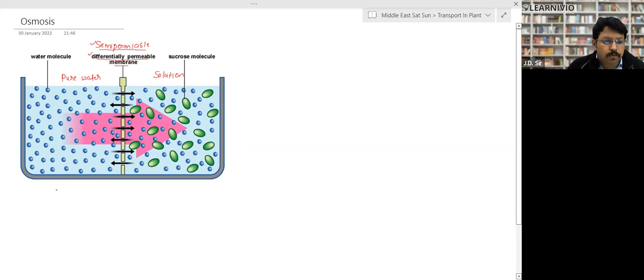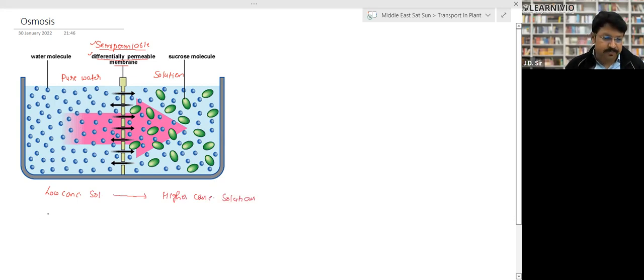So what is osmosis? Osmosis is the process of movement of water molecules from their higher concentration to lower concentration. Or we can say osmosis is the movement of water molecules from a low concentrated solution towards a higher concentrated solution.